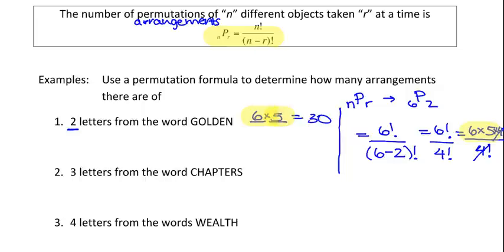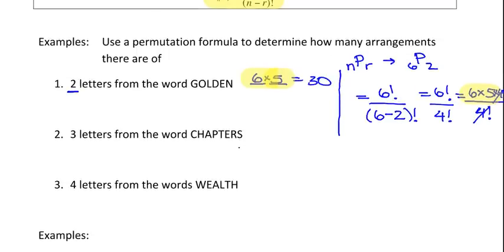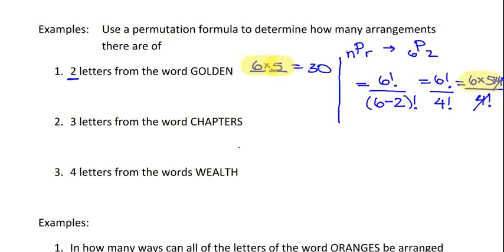So for the next couple examples, let's try it just using the permutation formula. So 3 letters from the word chapters. nPr, where n represents the total number of objects. So 1, 2, 3, 4, 5, 6, 7, 8 letters in chapters. And we are choosing 3 at a time, so 8P3.